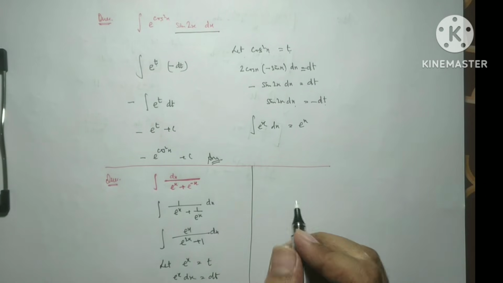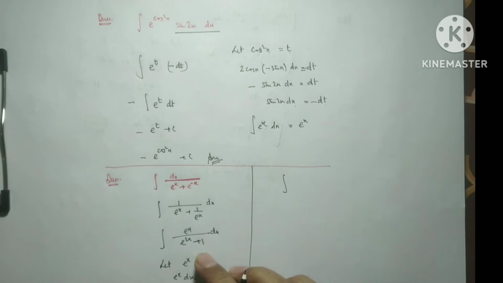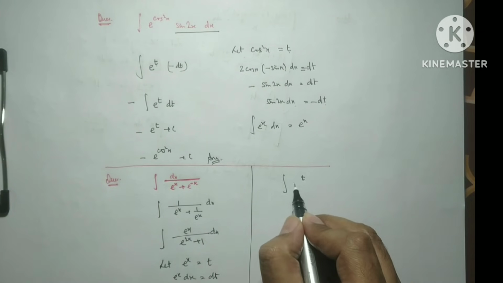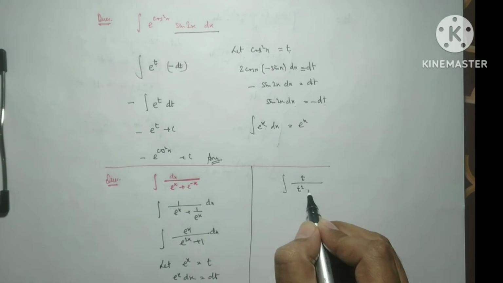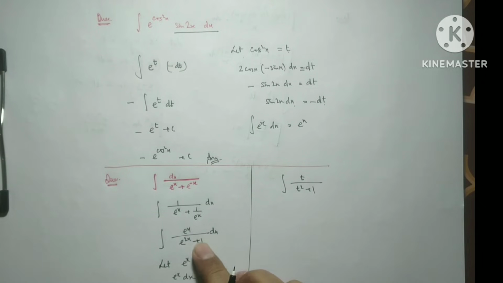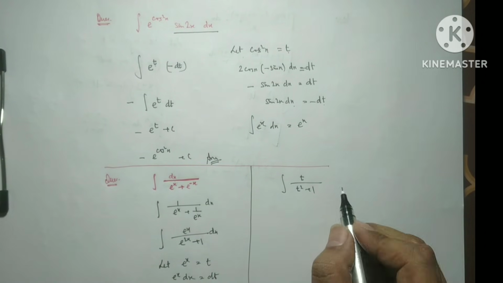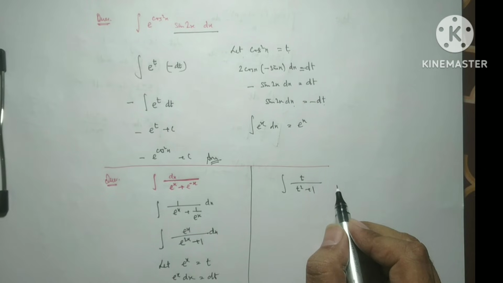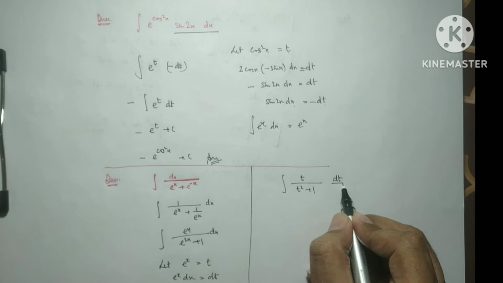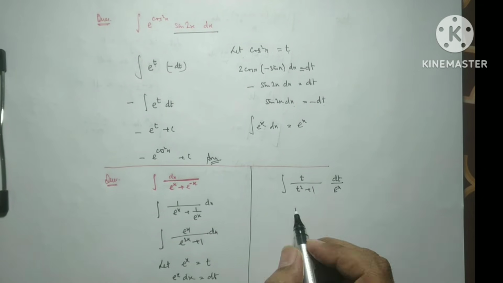We put this value in this expression. So it is t, and this is t square plus 1, and in case of dx we can put dt over e to the power x.